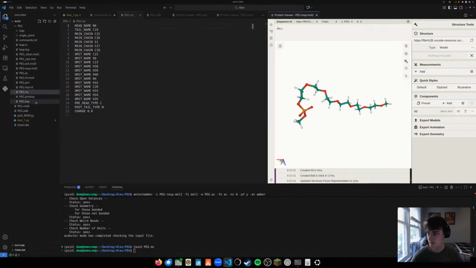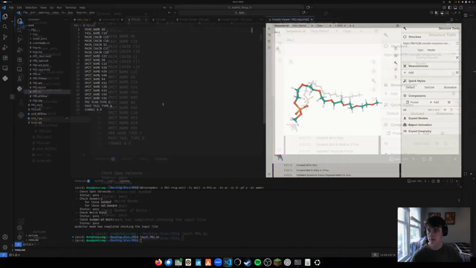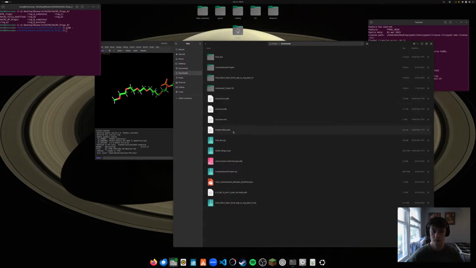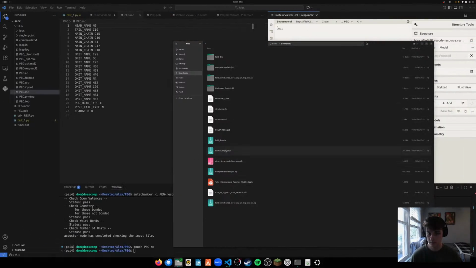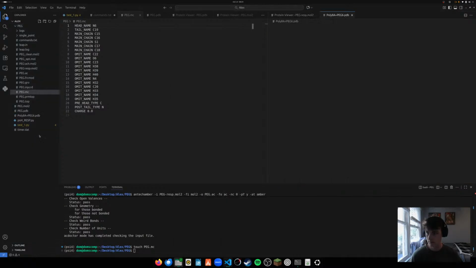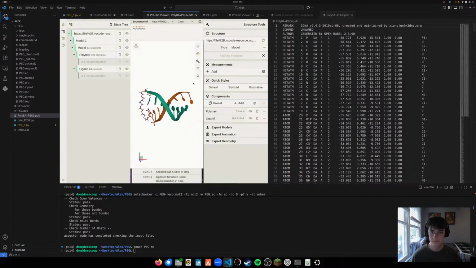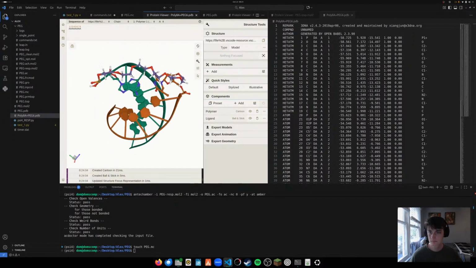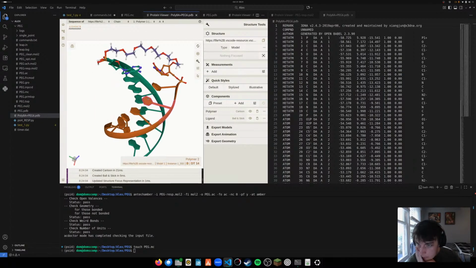Let me look at this again. Downloads. So we should probably have this in here too. Okay, so yeah, that atom right there, that'd be the head.